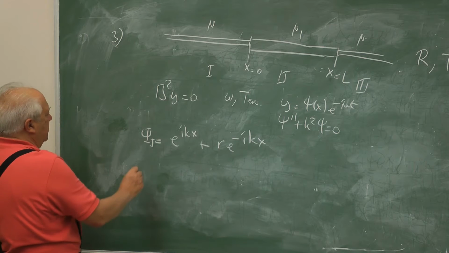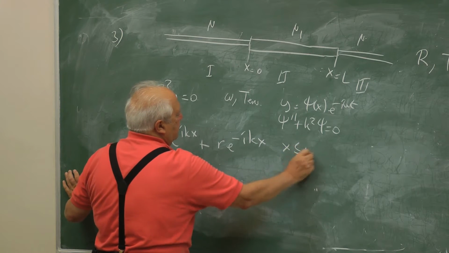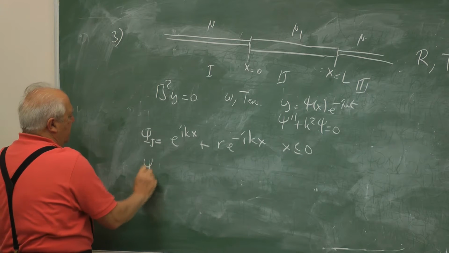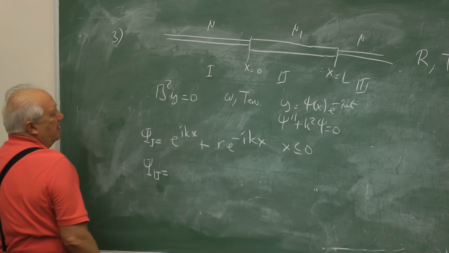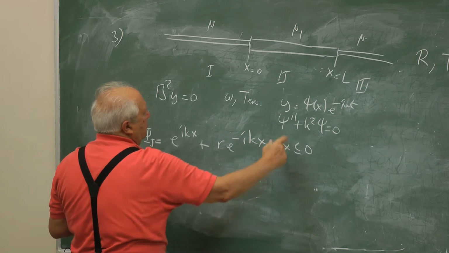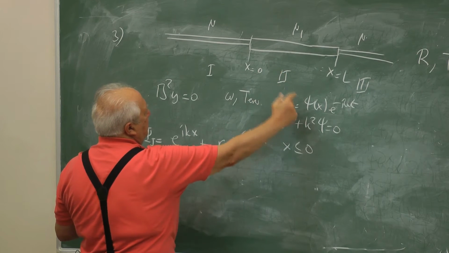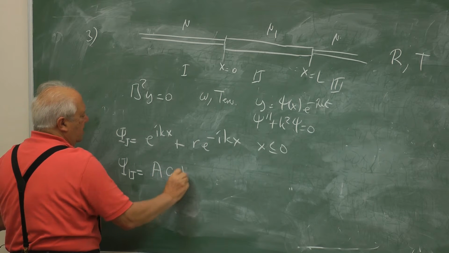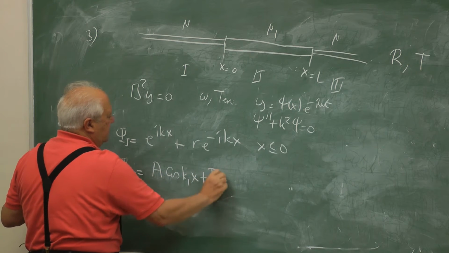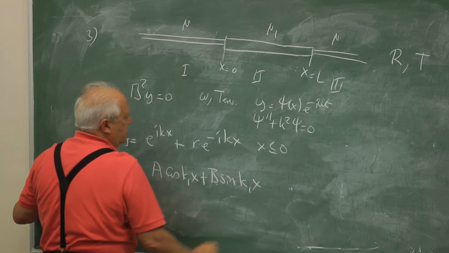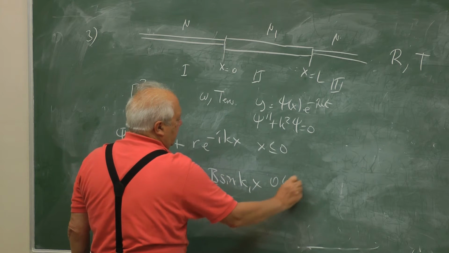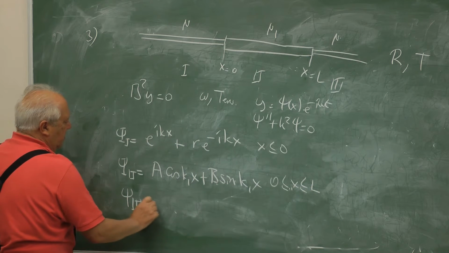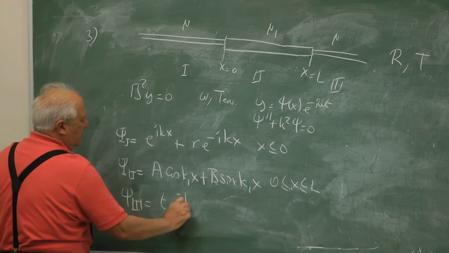The second one, for x in this region, psi 2, must be solved here with k1. So I will write it as a cosine k1x plus b sine k1x. This is for 0 less than x less than L. And the third one, psi 3, is t e to the i kx.